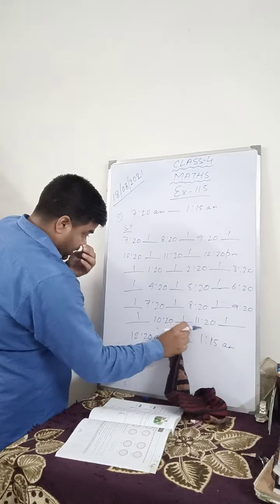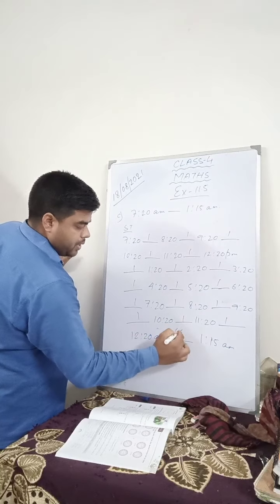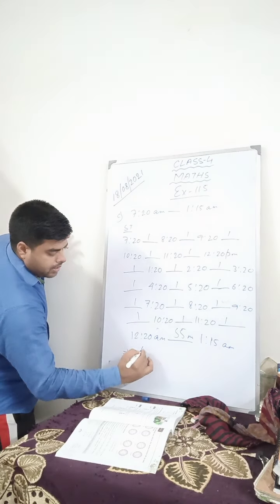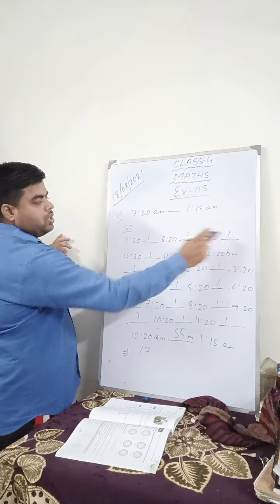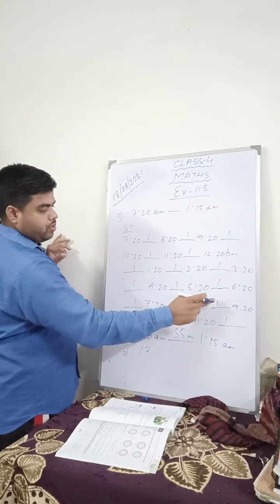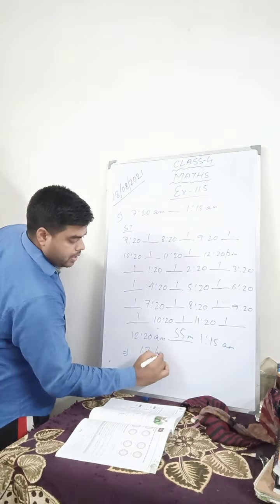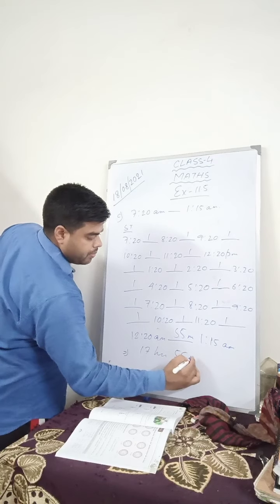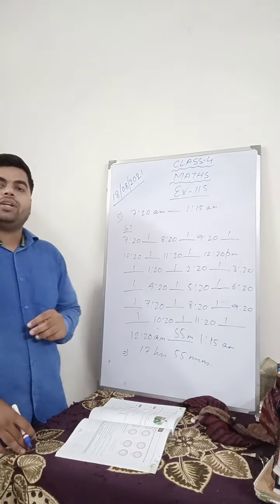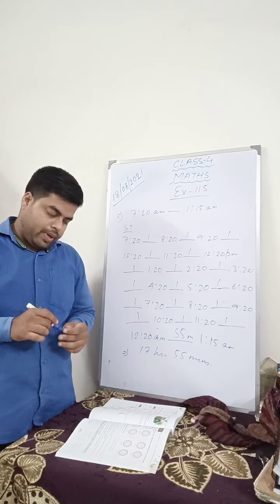This is not 18, so this is 55 minutes. So your answer is 17 hours 55 minutes, which is your time duration. So this is how you have to calculate. I hope all of you have understood.